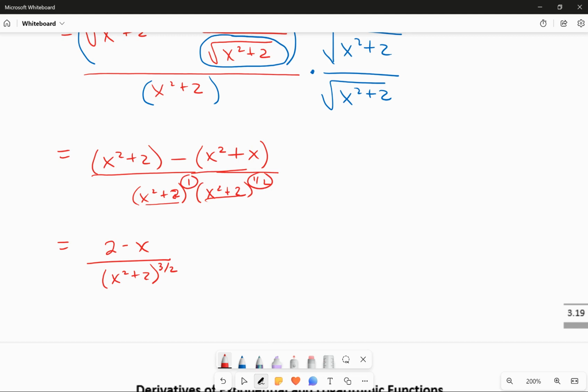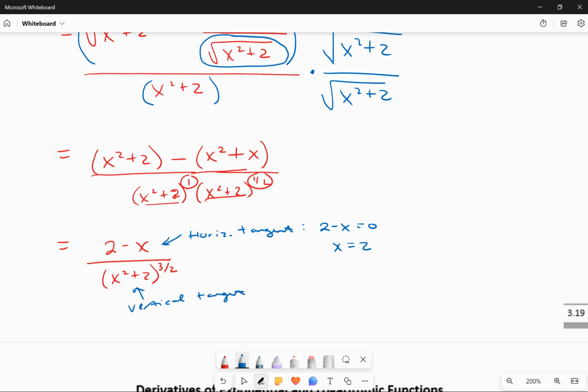All right, now in this one we are not finding when the derivative is positive or negative. We are finding horizontal and vertical tangents. So you're going to have a horizontal tangent when the numerator is equal to 0, in other words, when x equals 2. And then you're going to have a vertical tangent when the denominator is 0.